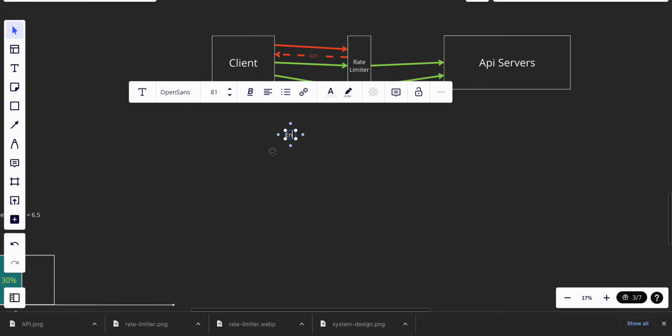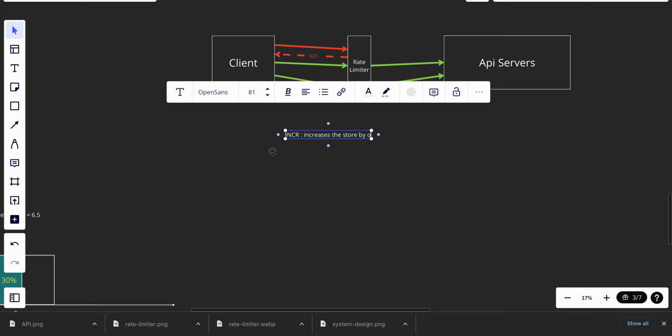Increment increases the stored counter by 1, and expire sets a timeout for the counter, after which it is deleted.